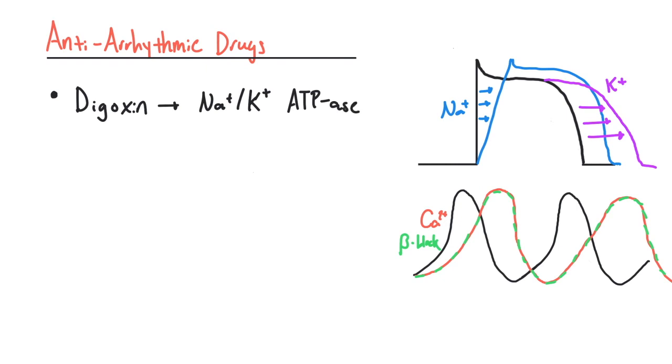Now, I don't need everybody to memorize exactly the function of sodium-potassium ATPase, but overall, inhibition of this leads to increased intracellular calcium, which can thus increase contractility of the heart.